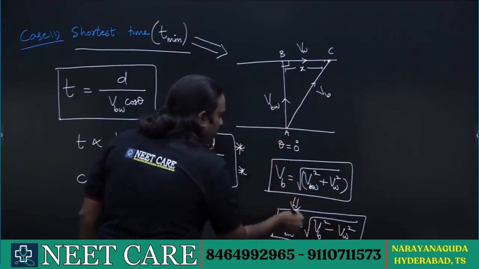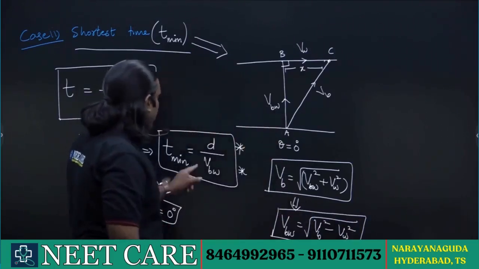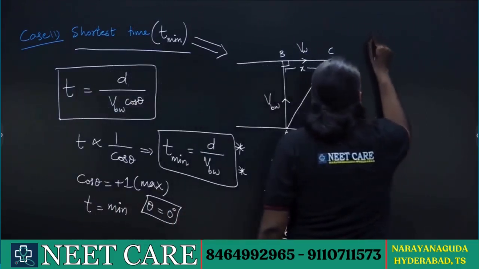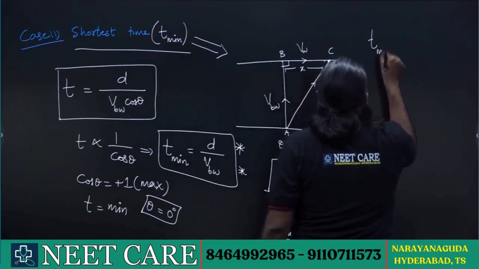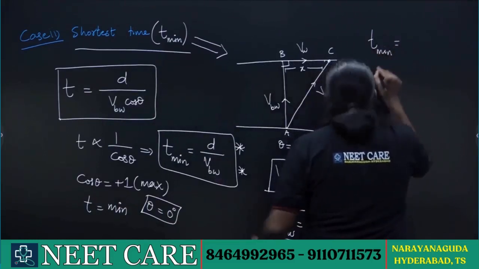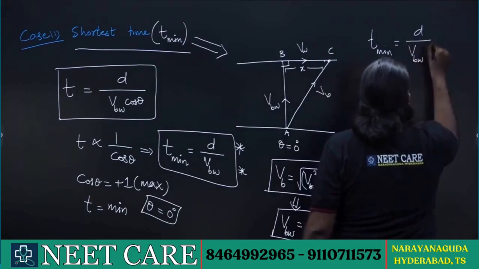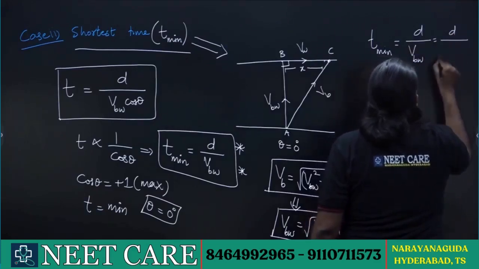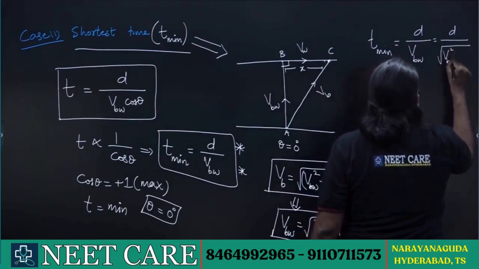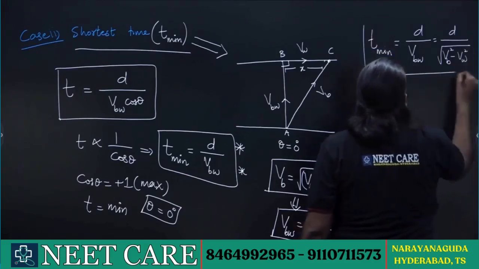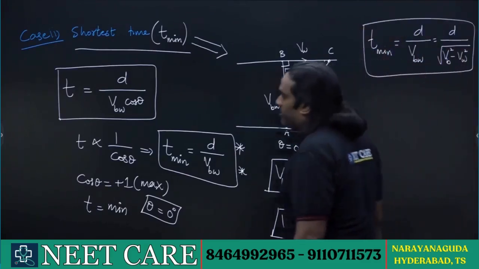Therefore, T minimum can be written as D by VBW, or else D by under root of VB square minus VW square. This is a way of calculating T minimum. That's a very important case.